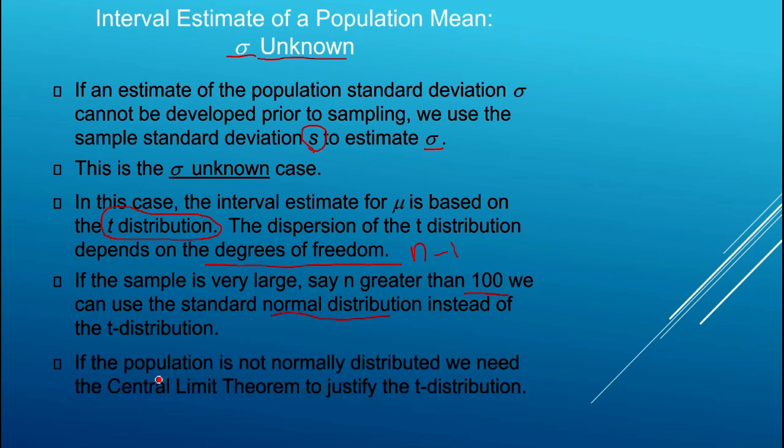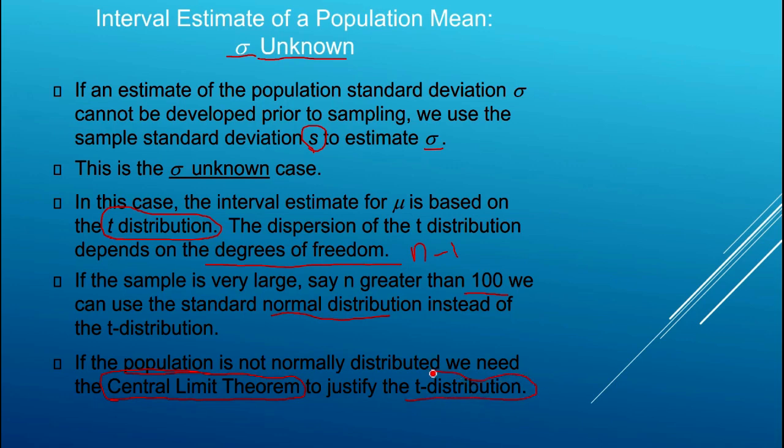But one thing that I want to make clear is that everything I've said above really depends on the population having a normal distribution. So if the population is not normally distributed, then we're going to appeal to the central limit theorem, and that is going to justify the use of the t-distribution.